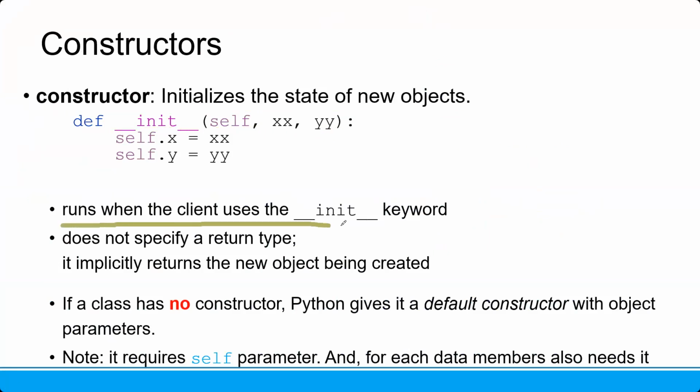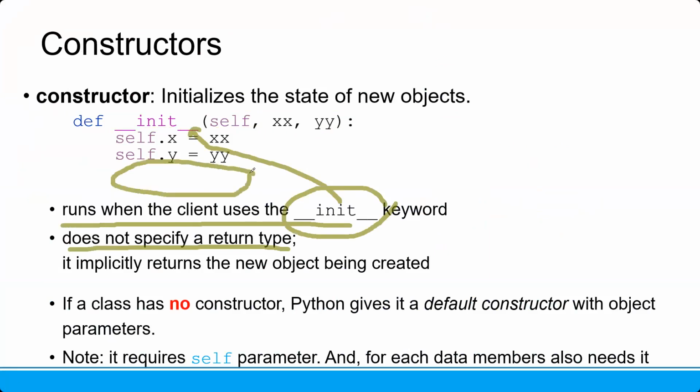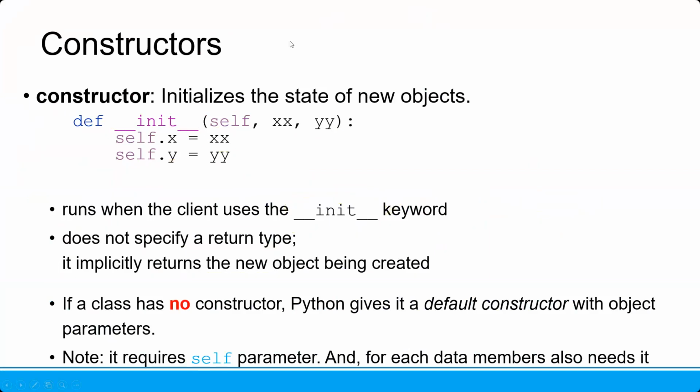So it runs when the client uses the init keyword. If you look at Python, if there is an init keyword, then it is a constructor. And it does not specify a return type. There is no return type. And then it implicitly returns the new object being created. So once you call the class, then we will create a new object.